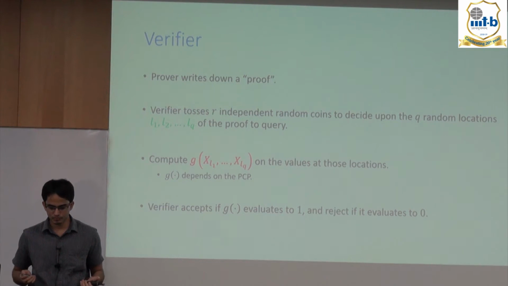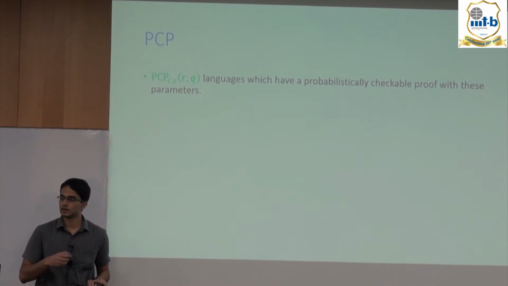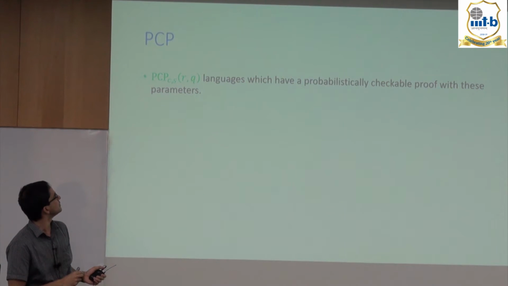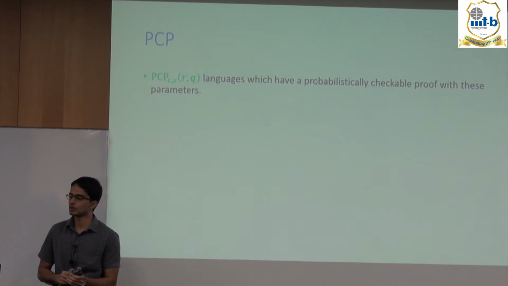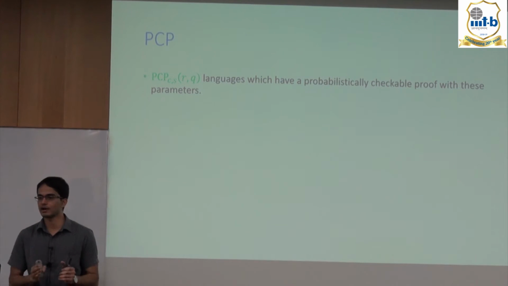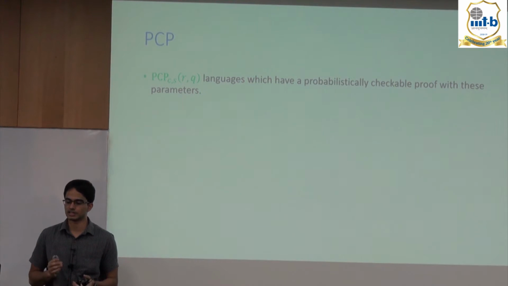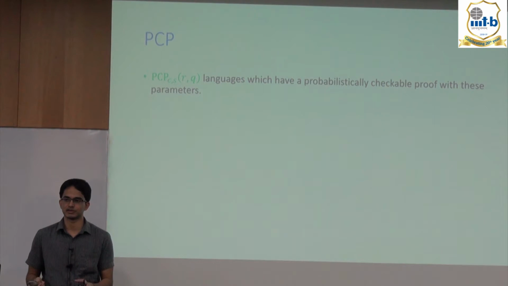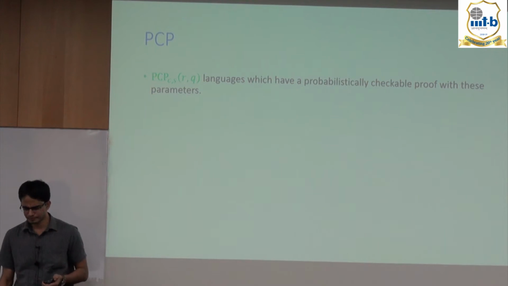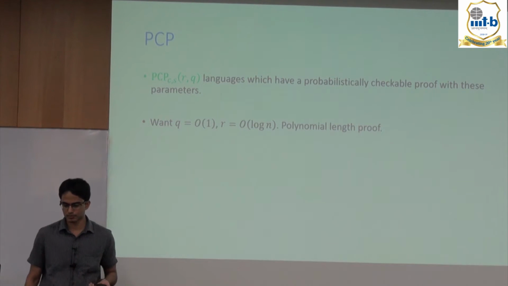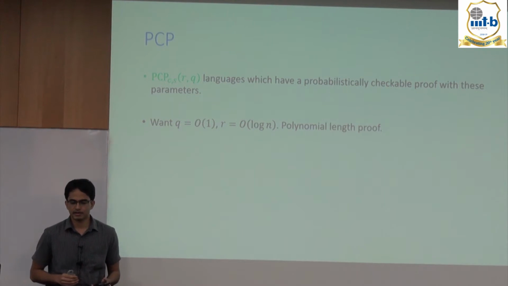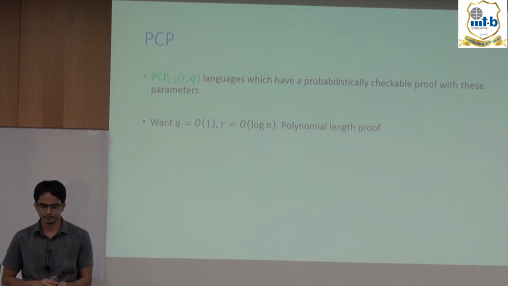So what kind of problems have such a protocol? Let's denote by PCP(C, S, R, Q) the class of all languages which have a probabilistically checkable proof with these parameters, with a guarantee like what I mentioned in the previous slide. Ideally we want Q to be order 1, some absolute constant, and we want R to be log n.